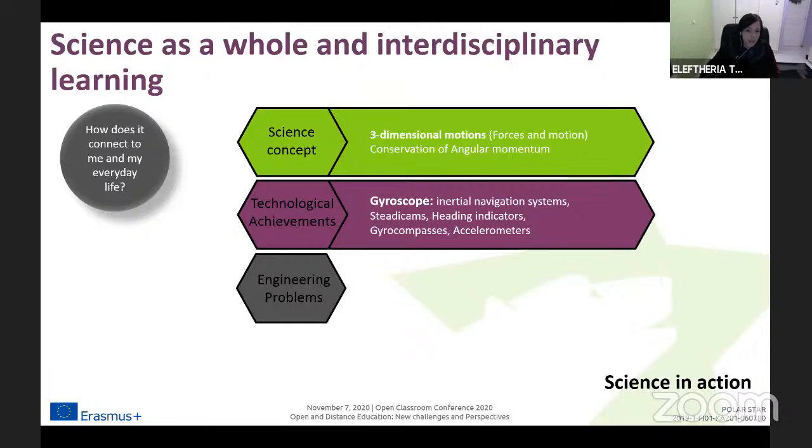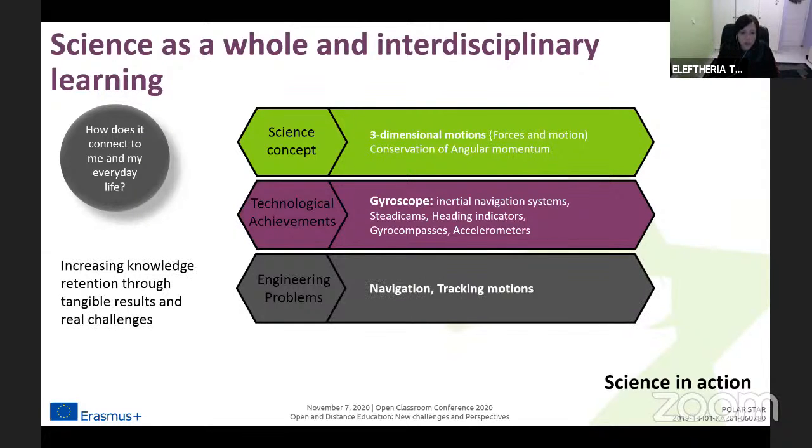And if I take it a step further and I talk to my students about where we use these tools and the added value in our lives, so GPS, tracking motions, navigation, and all that stuff, then they definitely get to appreciate the concept of angular momentum much more than they would have if I just told them, guys, this is the conservation of angular momentum, and here's a bunch of exercises for you to do. So in this case, we increase knowledge retention through tangible results and real life challenges.